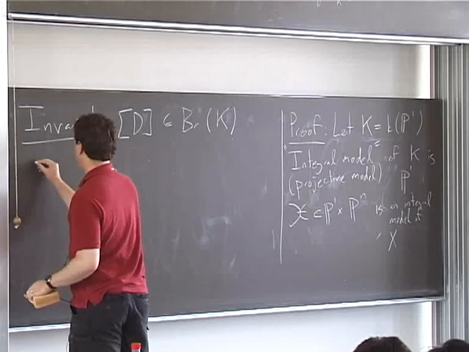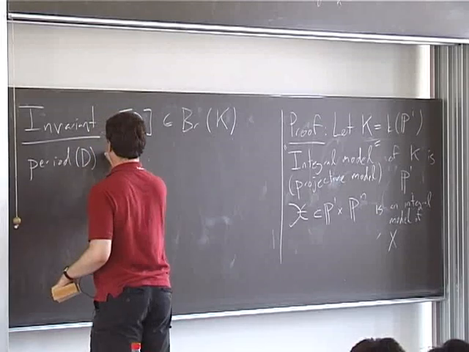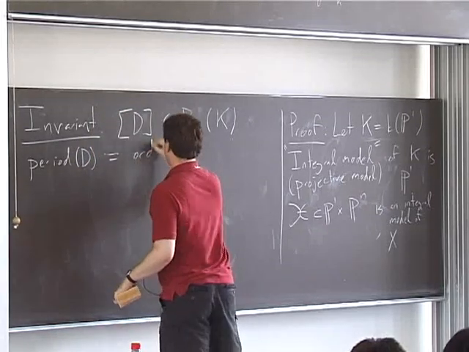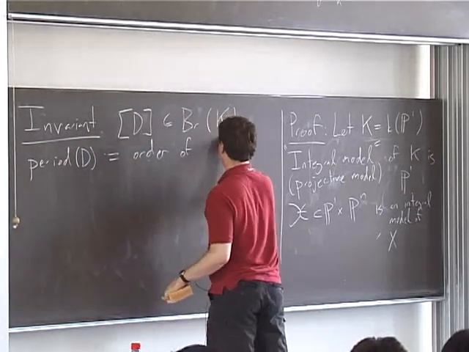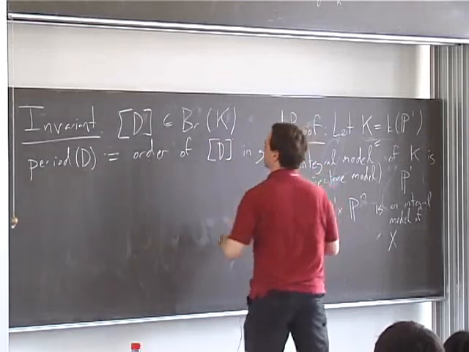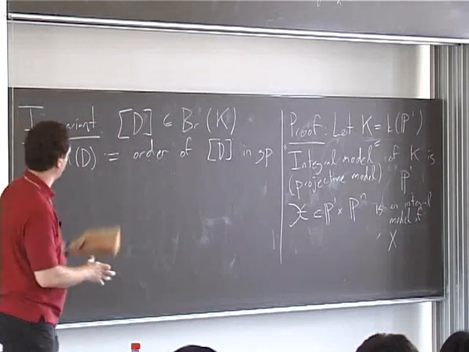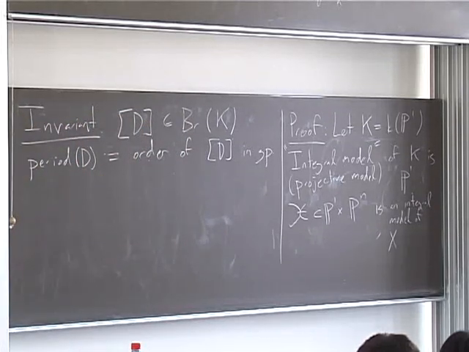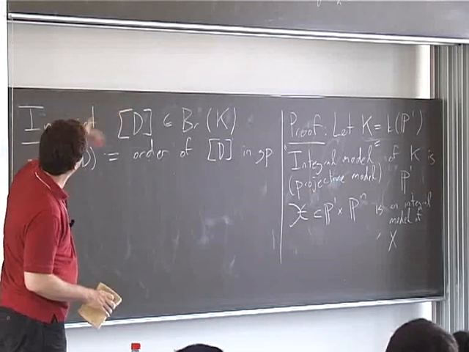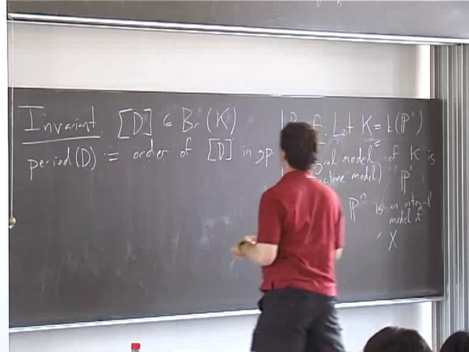We define the period of D to be the order of this element in this group, the least integer n such that n times that element is 0. So we have these two invariants, the period and the index. I actually only need the index for what I'm about to do.